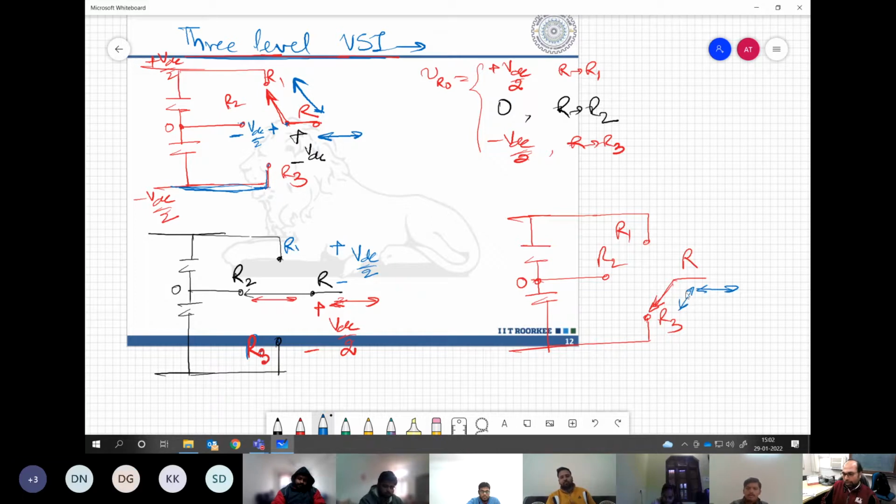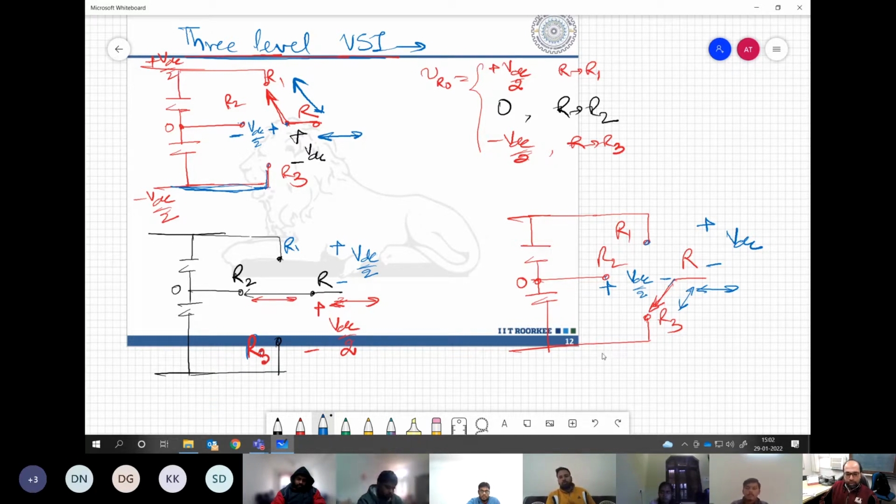Now between R and R1: R1 is positive. Value? VDC. RR2: R is positive and R2 is negative. Value? VDC by 2. Correct? This understanding you have developed.